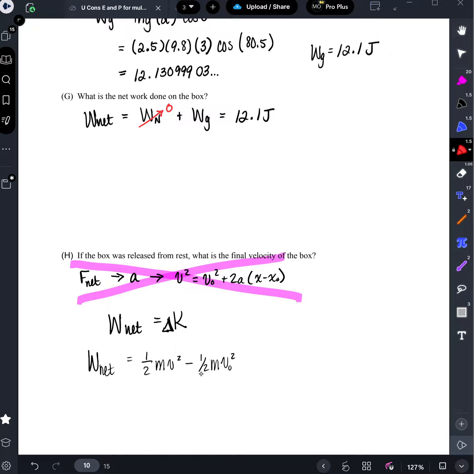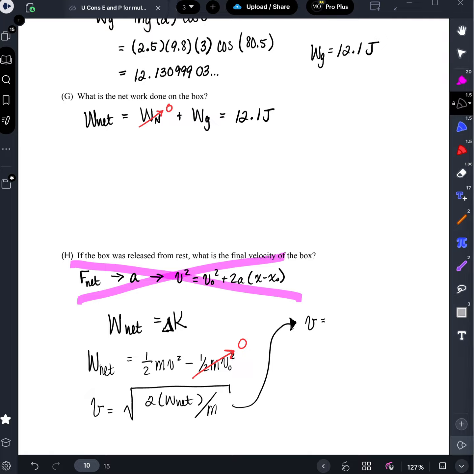But we just said that it started from rest, so the initial kinetic energy is 0, which means the final velocity will be the square root of 2 times the work net divided by the mass. Now keep in mind this is only going to be true if it's starting from rest. Not everything starts at rest. Some things are moving before work is done to them in these problems.